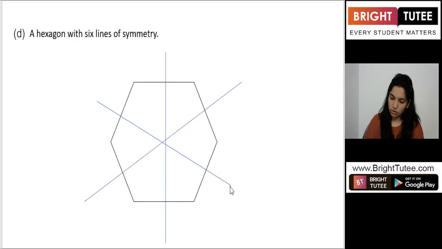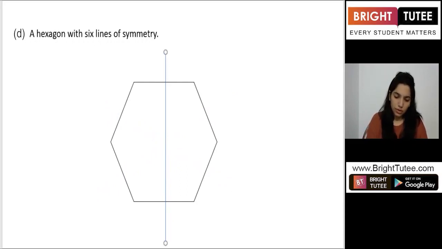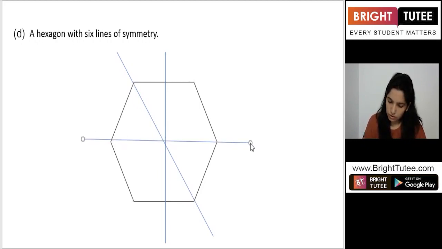I think I should redraw this line here. It's not looking very neat though. I'll just try it again. So let me just insert the lines again. So this is 1. I'll just try from the sides at first. So it's here 1, 2, then 3, that is joining it horizontally.